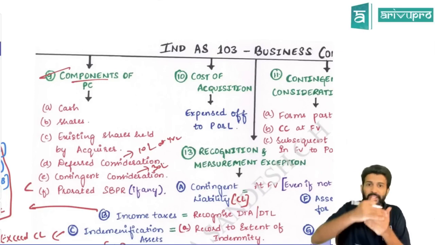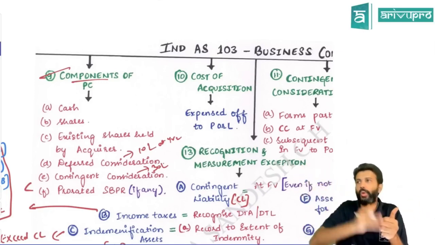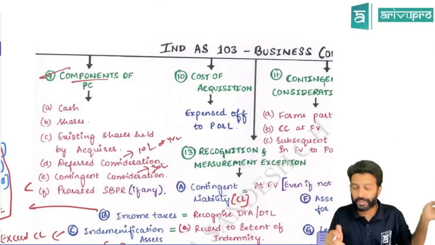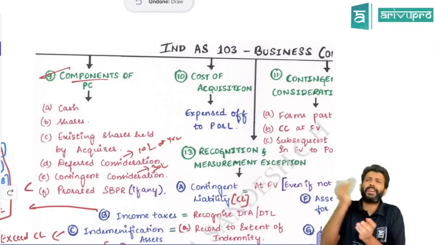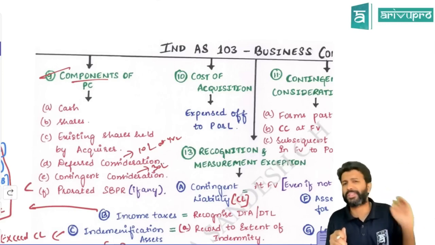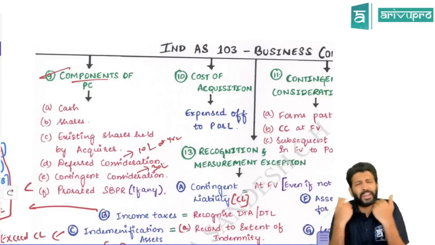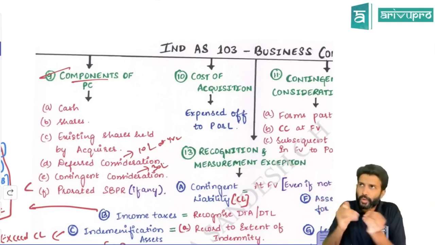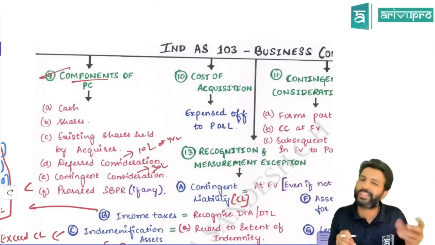If that happens, let's say within 1 year, like that, they have kept a time limit. After the parent has got control, within 1 year, if the share price is increased by 30%, then the parent will give 30 lakhs more. Or they could say EPS increases by 30%, sales increases by 40%, market share increases by 10%. Like this, they can put any contingency. So if those contingencies get fulfilled, then this particular thing will be given. Otherwise, it will not be given.